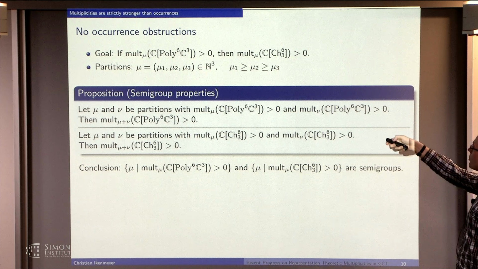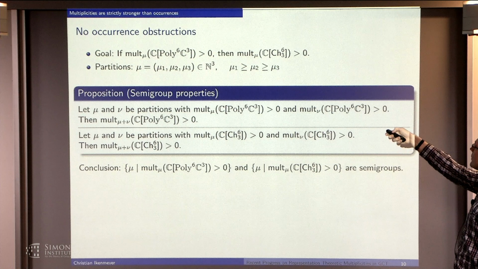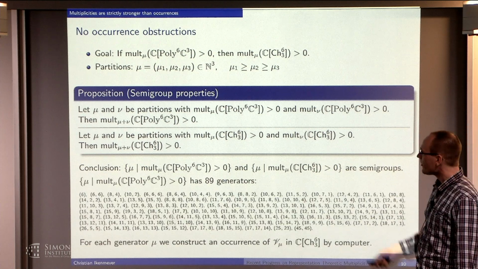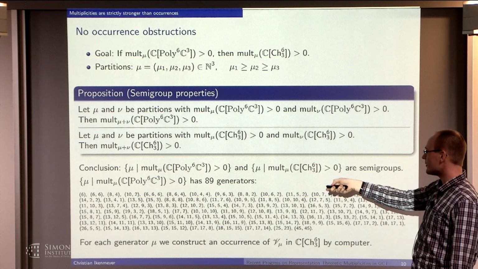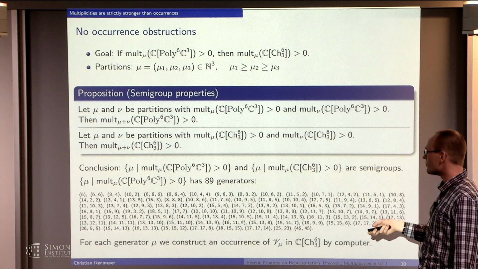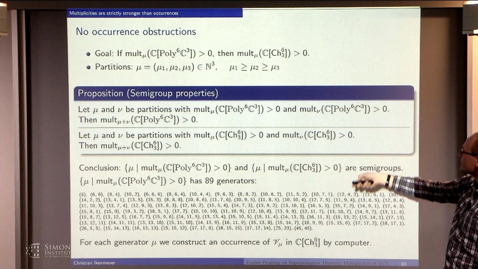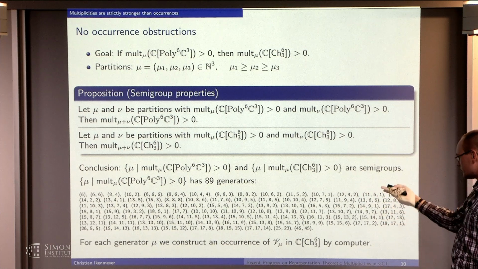And now how would you show that whenever a mu occurs in this ring, then it also occurs in that ring? So what we do is we compute all the 89 generators that happen to be in this semigroup. This means whenever you have anything that happens to be here, then it's a finite sum of these generators, a finite sum of these partitions.